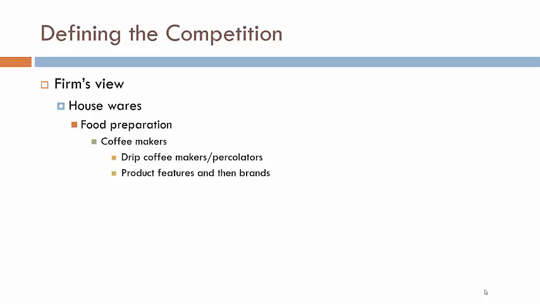Within each product type, there may be different drip coffee manufacturers with different combinations of features and attributes that are the closest substitutes. Hence, the main competitors come from the product variants and brands. They are the most relevant competitors because they're the closest to you, but that doesn't mean that they are the only competitors.